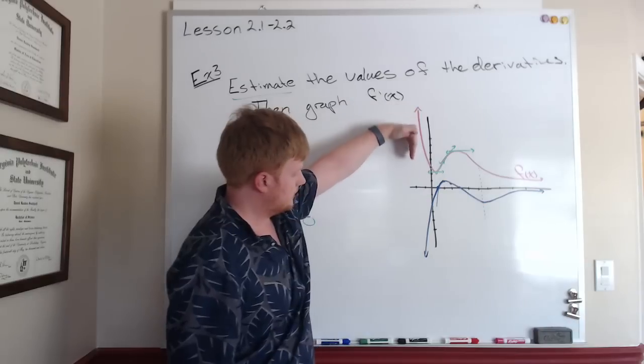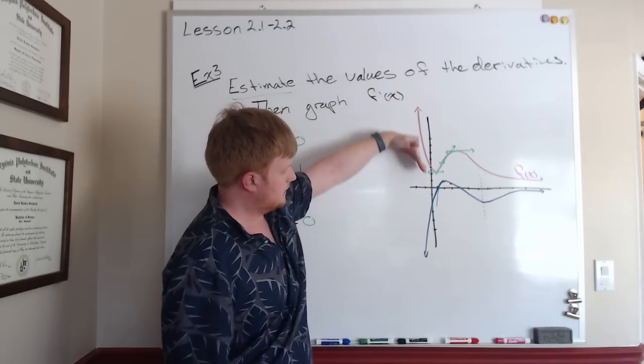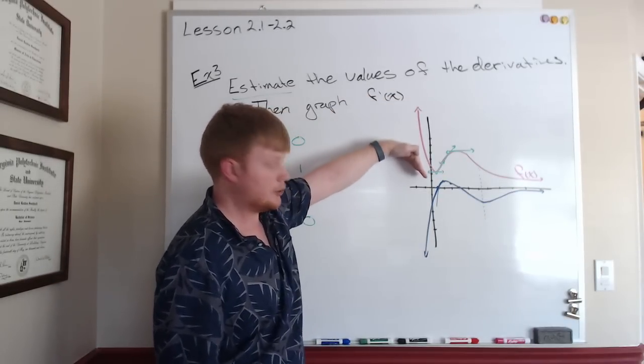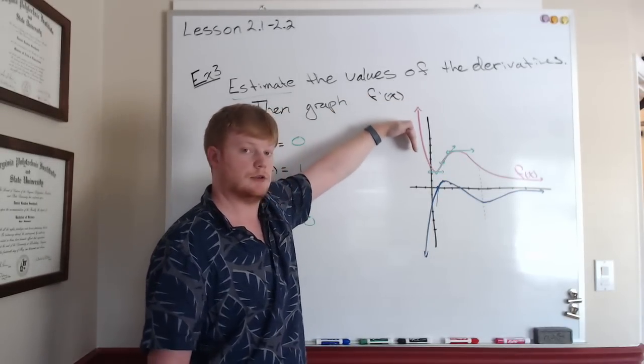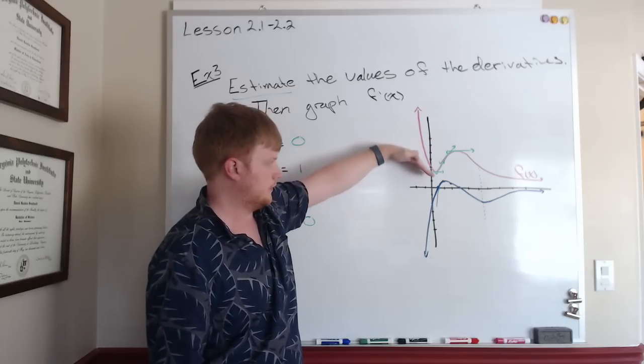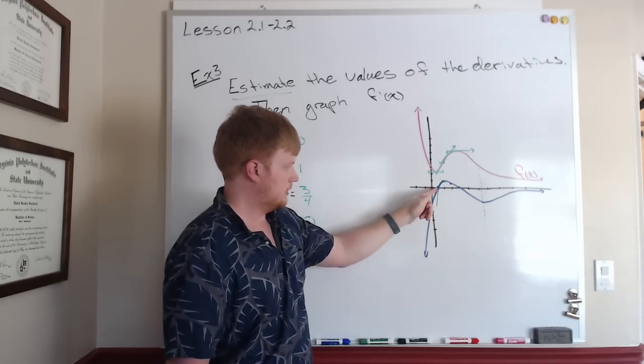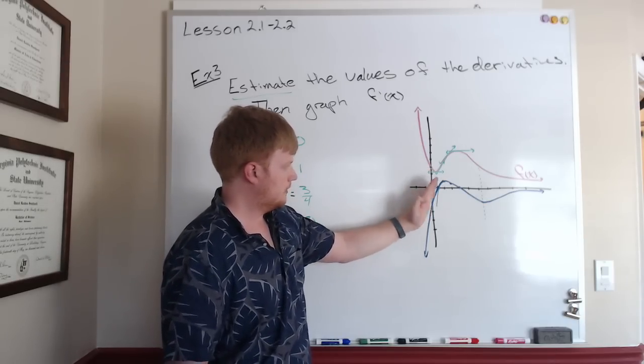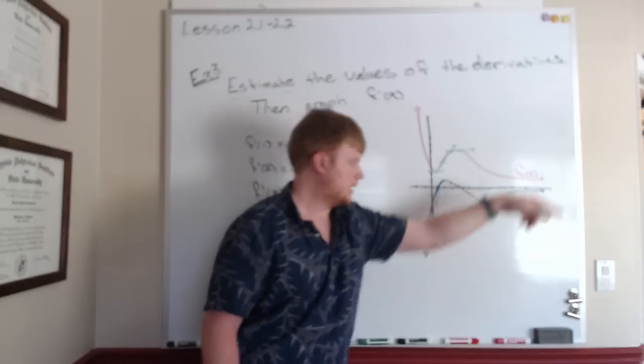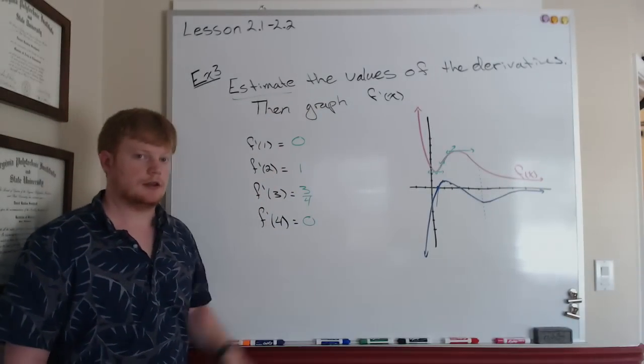Very, very negative slopes, right? Decreasing, or excuse me, increasing, if you will, the magnitude of which is decreasing to 0, and then asymptotic as we go to infinity along the x-axis.